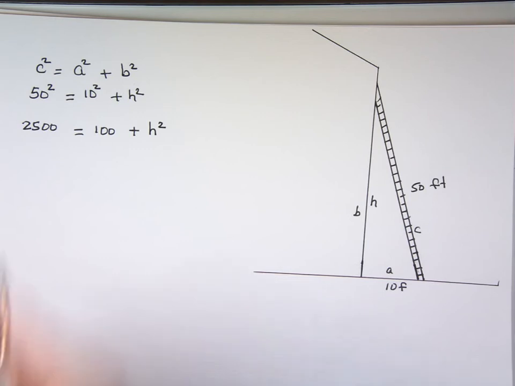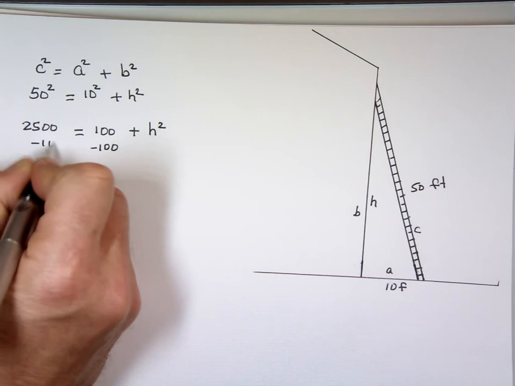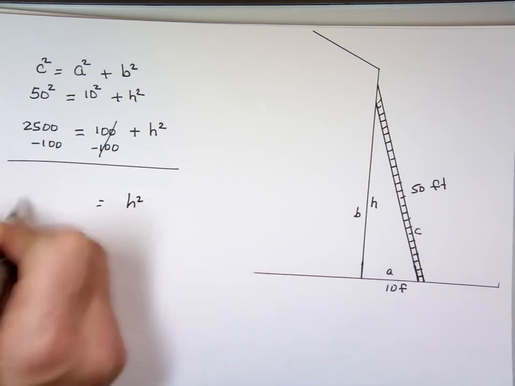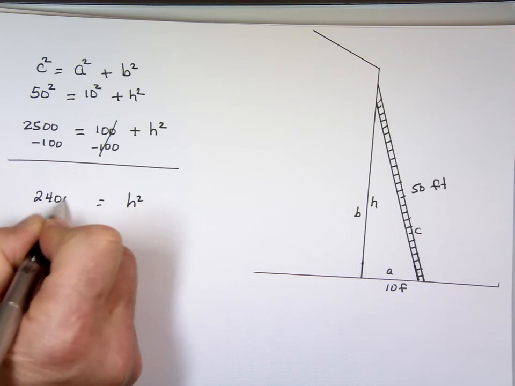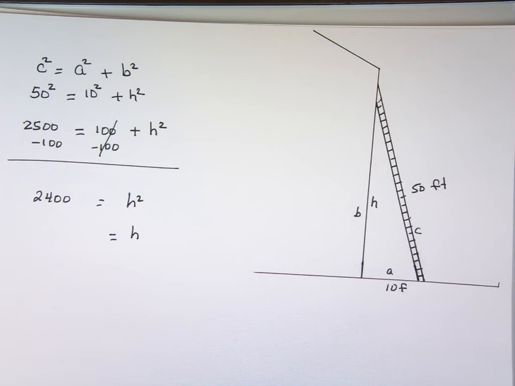Now let me subtract 100 from both sides so I can isolate h squared. And now what I'm looking for is what number, if I multiply it by itself, the answer is 2,400.